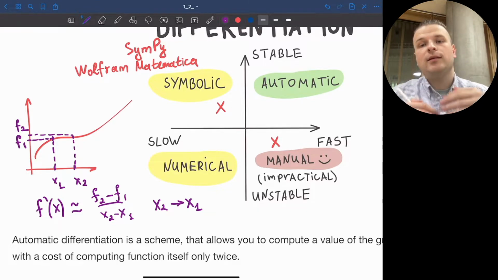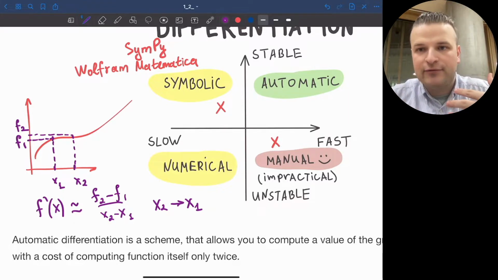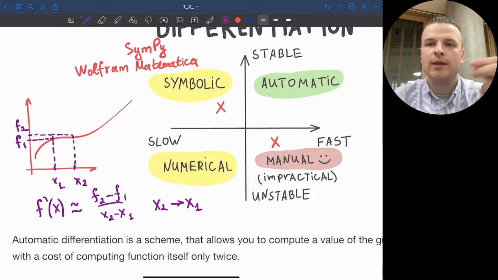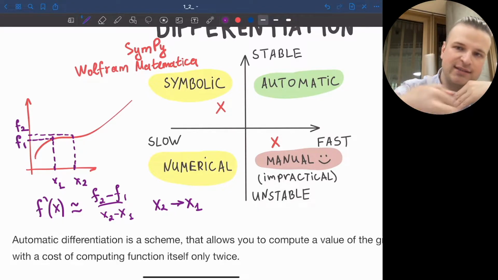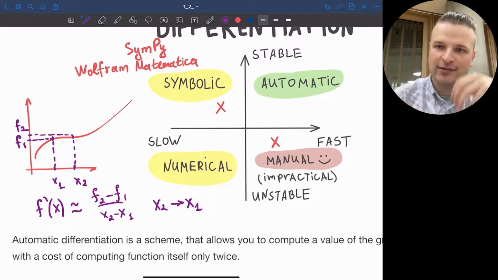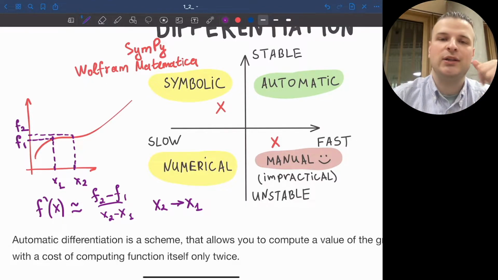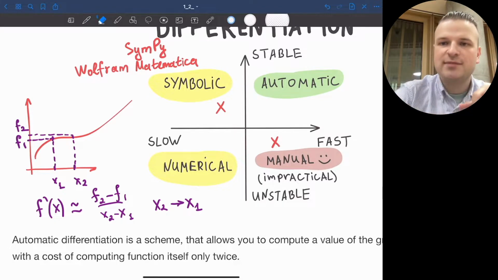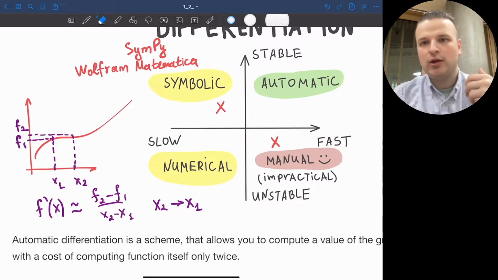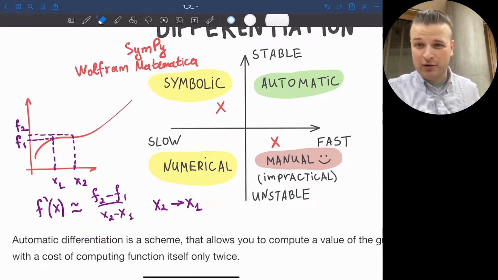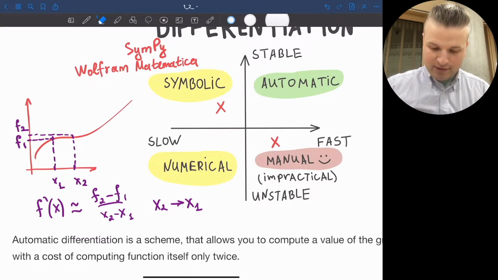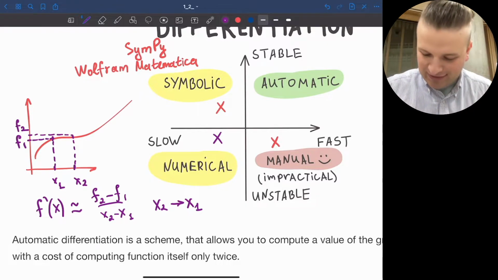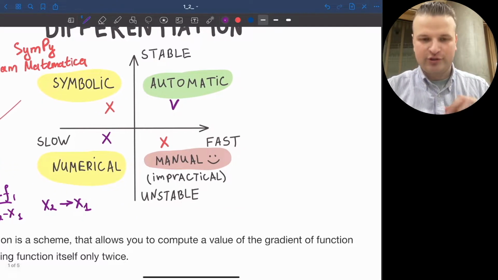Moreover, to find a derivative with respect to each parameter in our model, we have to do this propagation, what is called the forward pass, but we'll talk about it later in the video, twice per each parameter, right? Which is also very long, and it takes time. So that's also not our choice. And that is our choice.